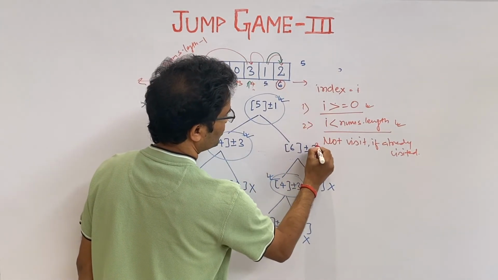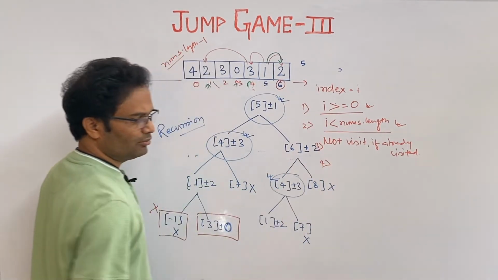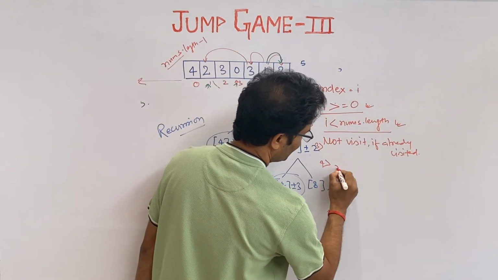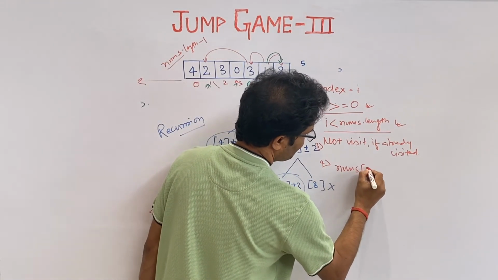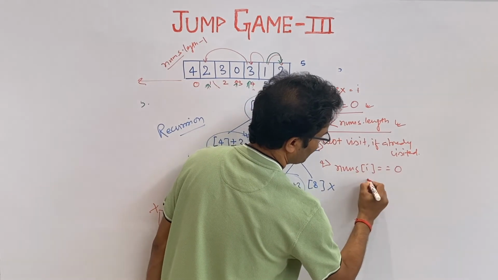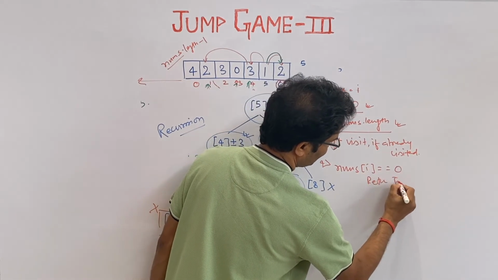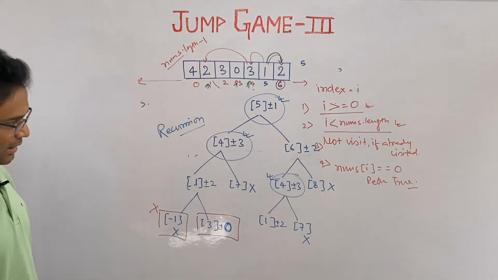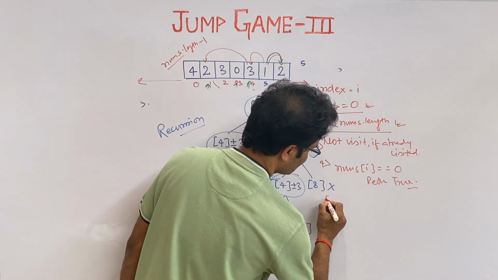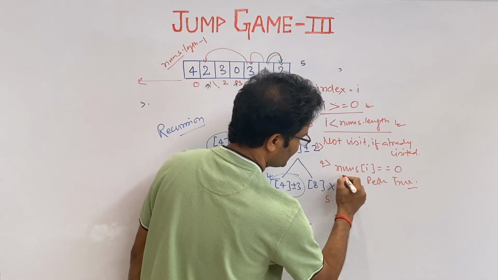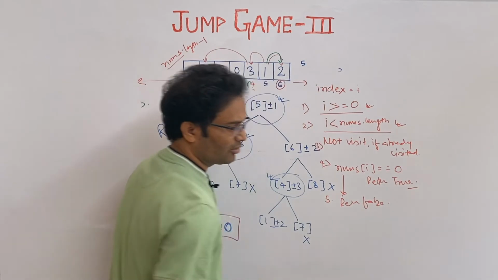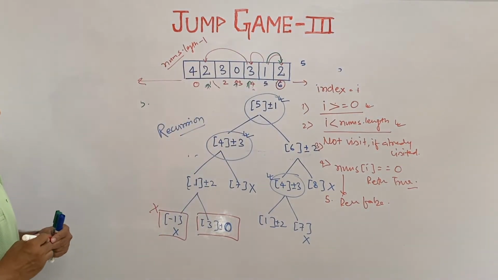And fourth, during your traversal, if you encounter nums I is equal to 0, at that time you have to return true. Otherwise, if during all the traversal you do not get this condition, then you have to return false, that is out from the method. Let us do the diagram, how it works.